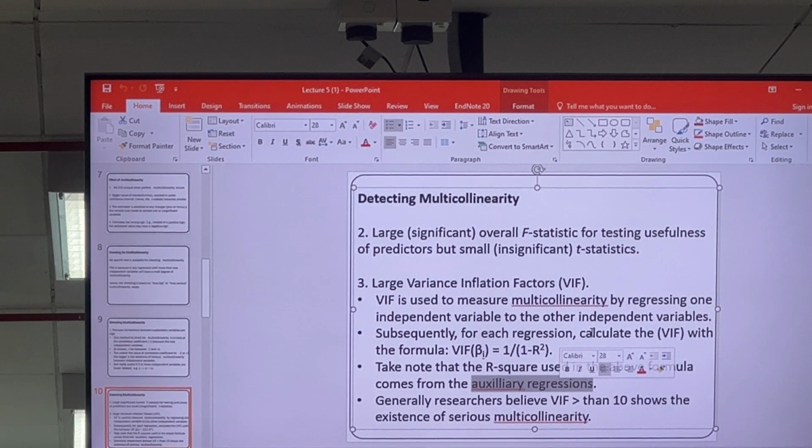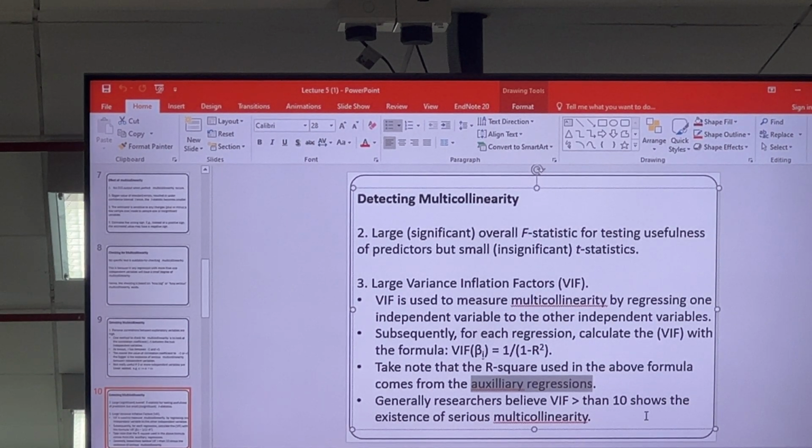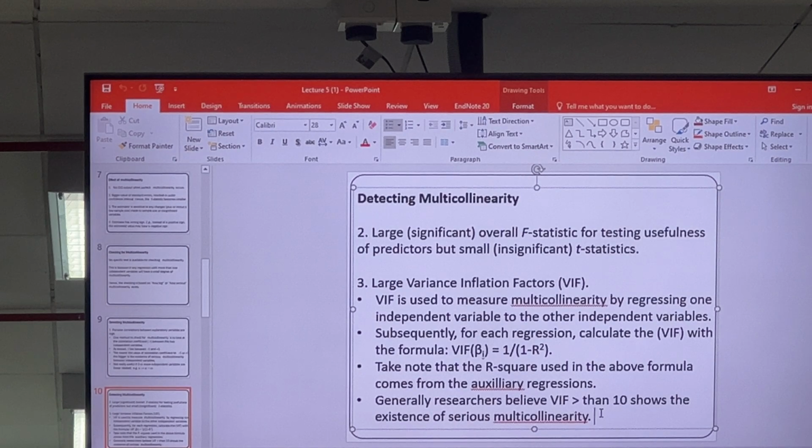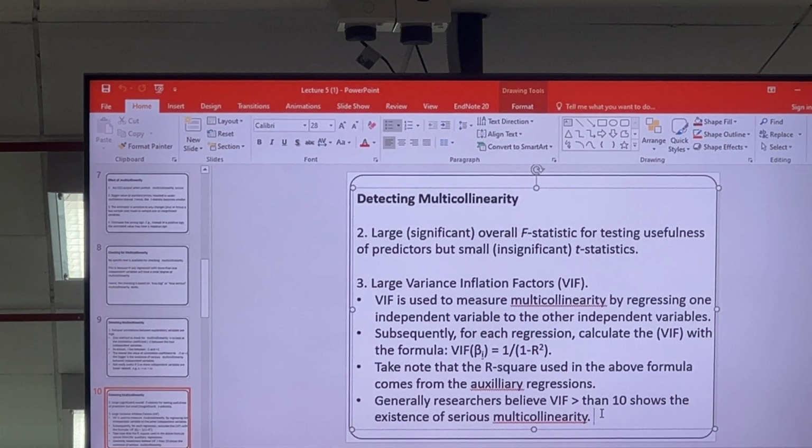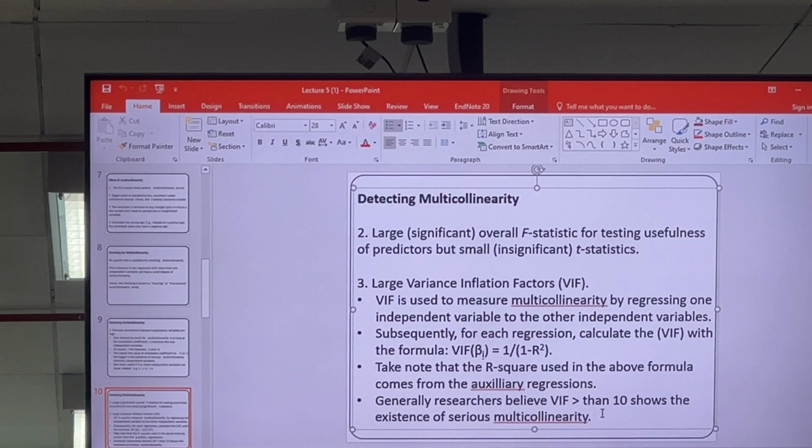Generally, researchers believe that a VIF value greater than 10 shows the existence of serious multicollinearity. This one depends. Certain books say more than 5, but some books say more than 10. That is just the value indicating a high possibility that a serious multicollinearity problem exists in the model.